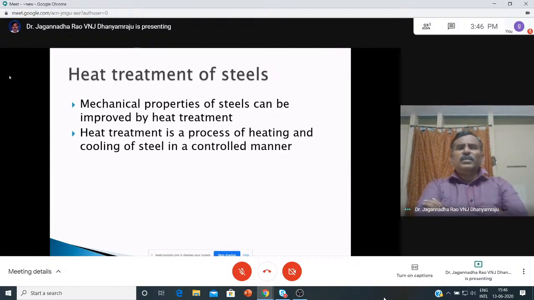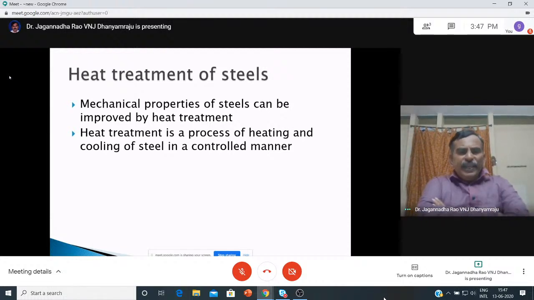So for that, the steels are heat treated to improve the mechanical properties of steels, right? The steels are heat treated to improve mechanical properties by the application of heat. So that is called heat treatment, right?